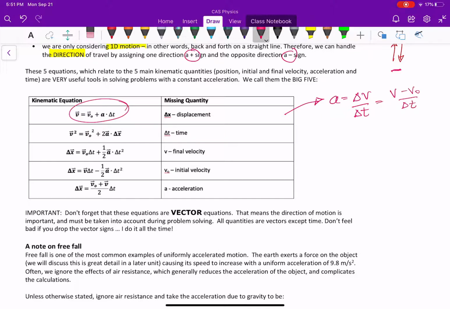I just rearrange this into a more convenient form: delta t times a equals v minus v naught, and then rearranging again, v equals v naught plus a delta t. You can see that this is the equation in the circle.